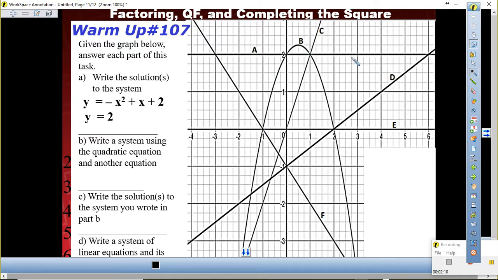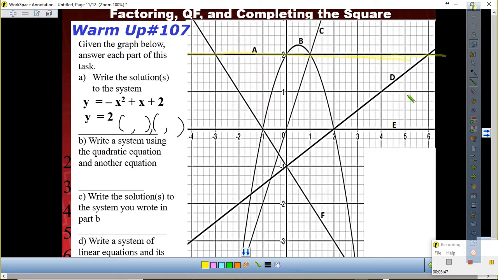Tell your neighbor the solution to that system, please, or the solutions. Do that, please, right now. So we're looking at line A and the parabola. All right. Alexia, can you give us one solution? 1, 2.